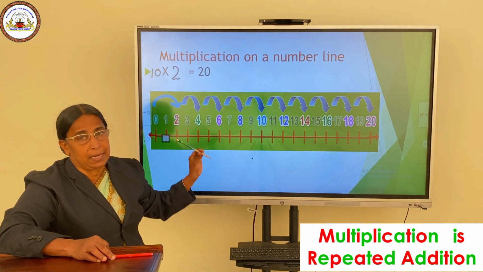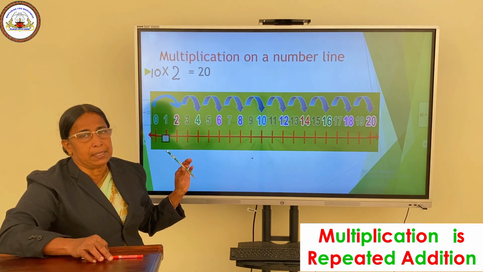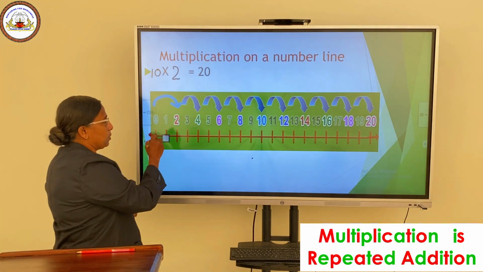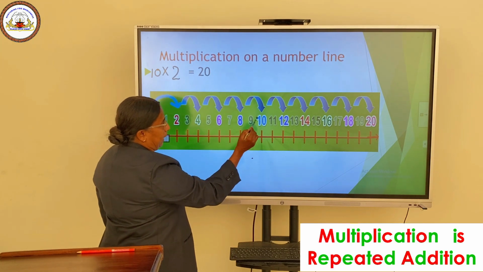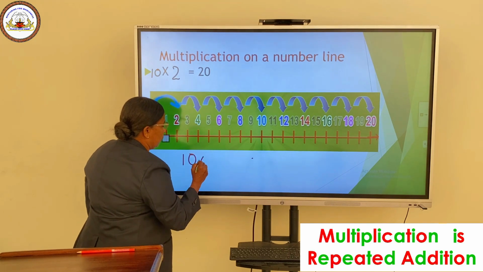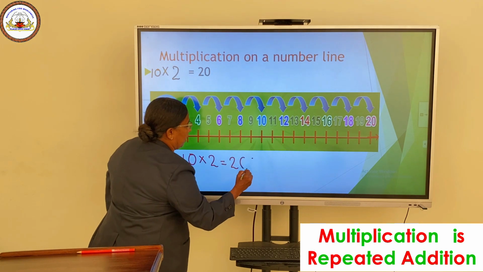So 10 steps are taken with 2 units, that is 10 into 2, which is 20.